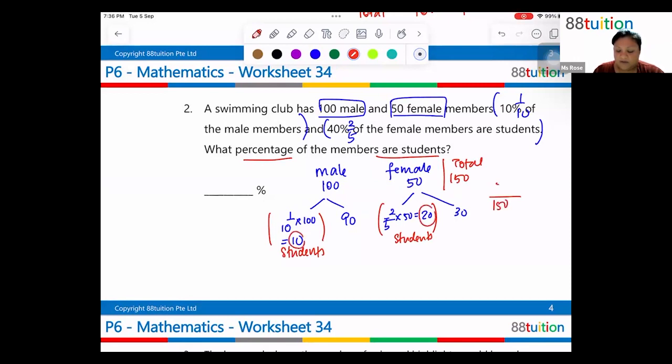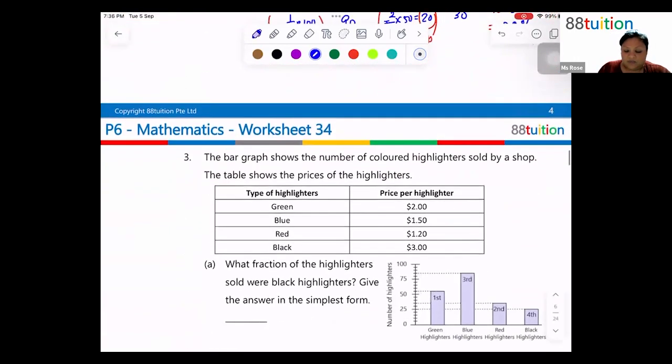So you have 30 times 100% to give me how much? Cancel the zeros. Divide by 3. So that's 20%. Okay, so that's 20% of the members are students.